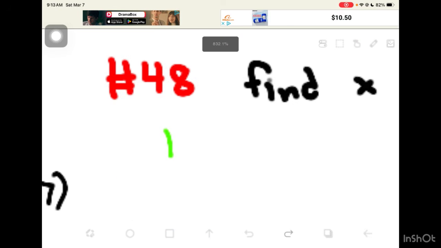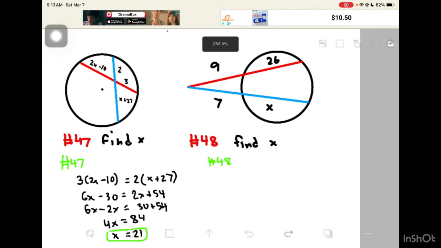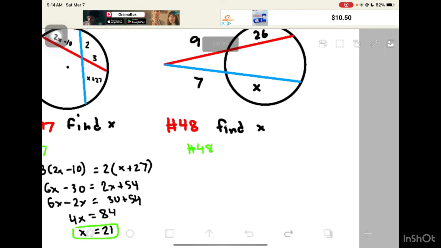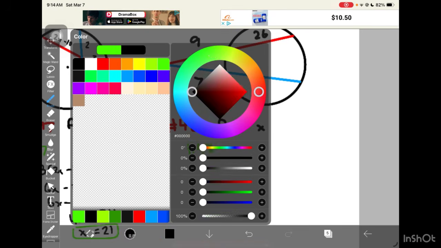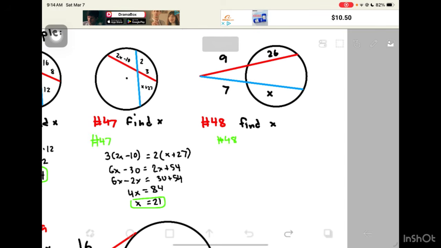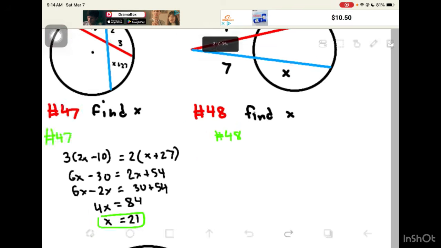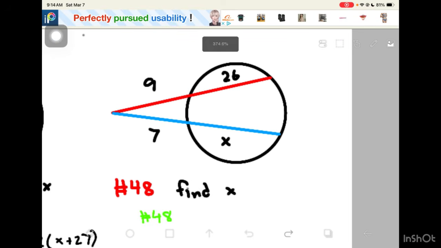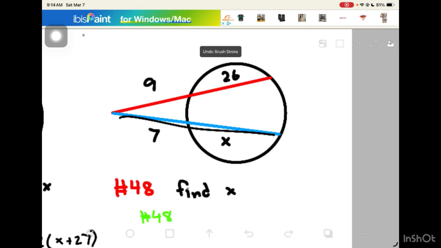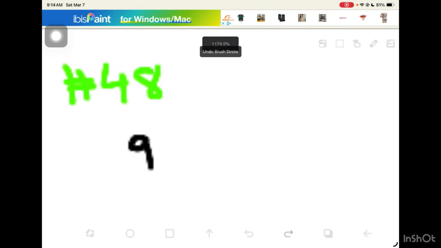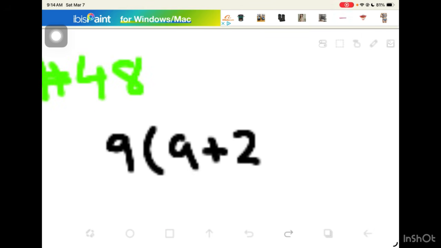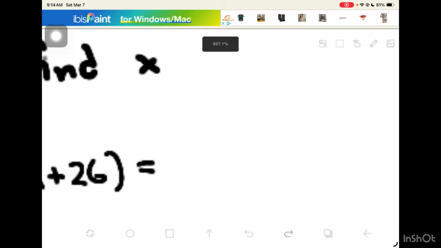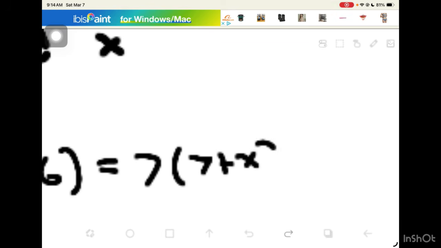Next, number 48. We're using a different one. This one's going to be a little bit tricky, but it still doesn't involve quadratics, so it's okay. This one times this one is equal to this one times this one. We can equate 9 times 9 plus 26 is equal to 7 times 7 plus x.